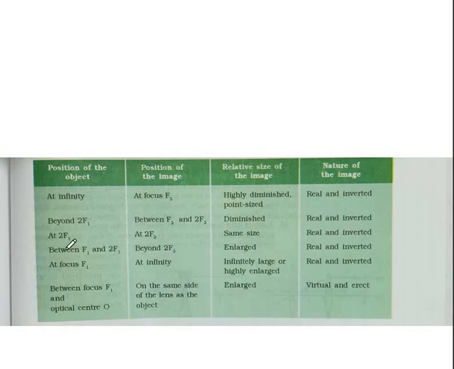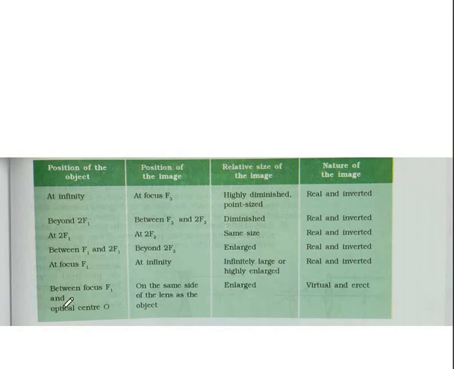When the object is kept at 2F1, image is forming also at 2F2, same size, real inverted. Then when the object is kept between F1 and 2F1, image is forming beyond 2F2, enlarged, real inverted. When the object is kept at focus F1, image is forming at infinity, highly enlarged, real inverted.